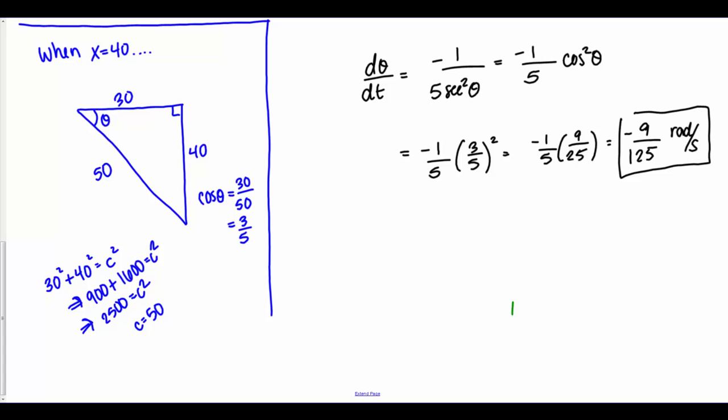You could have used the fact that 1 plus tangent squared of theta equals secant squared of theta and solved for tangent in this triangle. Then we wouldn't have even had to find the hypotenuse. But anyway, the point is there were several different ways you could have gotten to this point, but this is our d theta dt, which is our final answer for this problem.